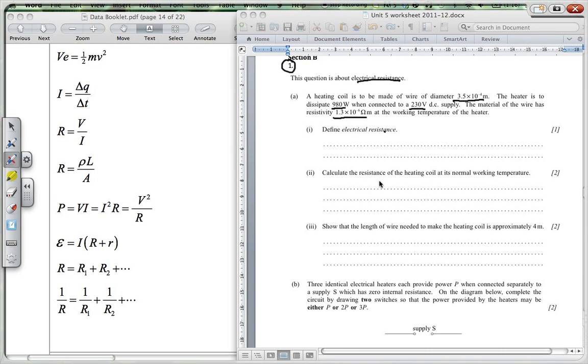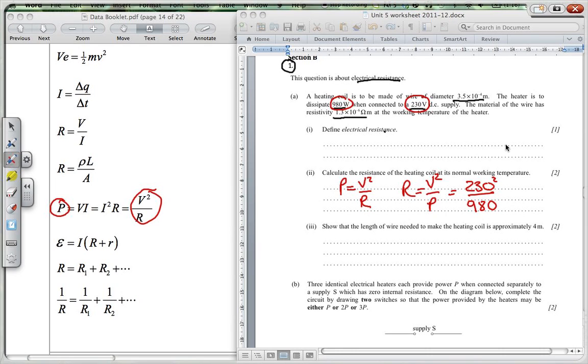Okay, so we have got its power here is 980 watts, and we've got its voltage here of 230. So we can use this formula: power is equal to V squared over R. Therefore R is equal to V squared over the power, and so we're going to get 230 squared divided by 980 watts.